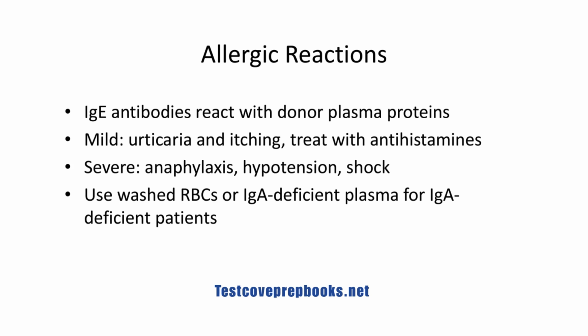Severe allergic reactions, including anaphylaxis, involve systemic symptoms such as hypotension, shock, and, in rare cases, death. A classic example is when an IgA-deficient patient has anti-IgA antibodies that react with IgA in the donor plasma. In such cases, washed red blood cells or plasma components from IgA-deficient donors should be used.